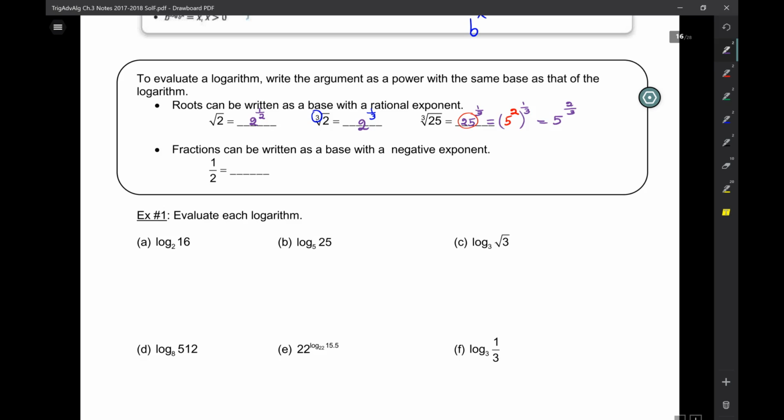Next is negative exponents. Here, what is the exponent of the 2 on the bottom? Well, we can rewrite this as 2 to the power of -1. Now, what if I had 1 over 4? How can I write that?